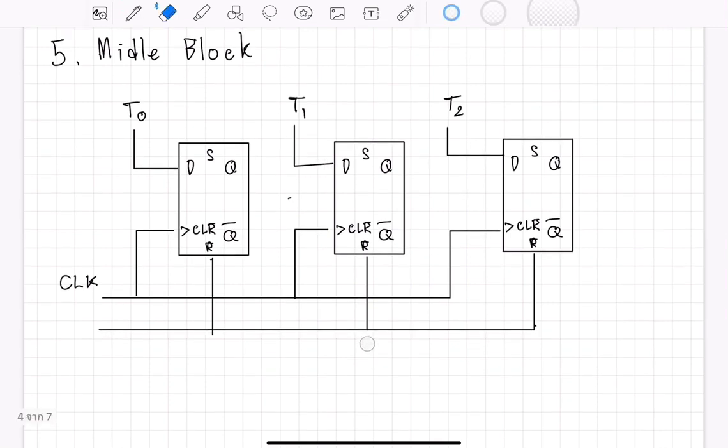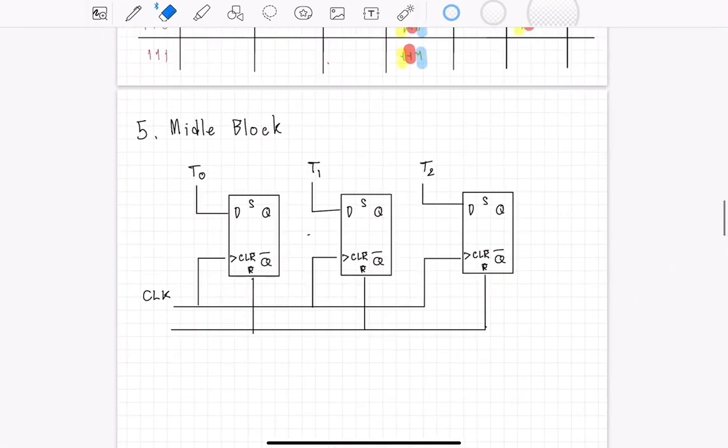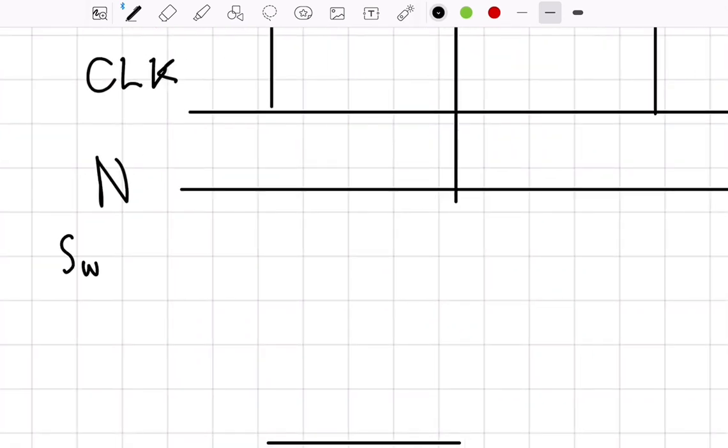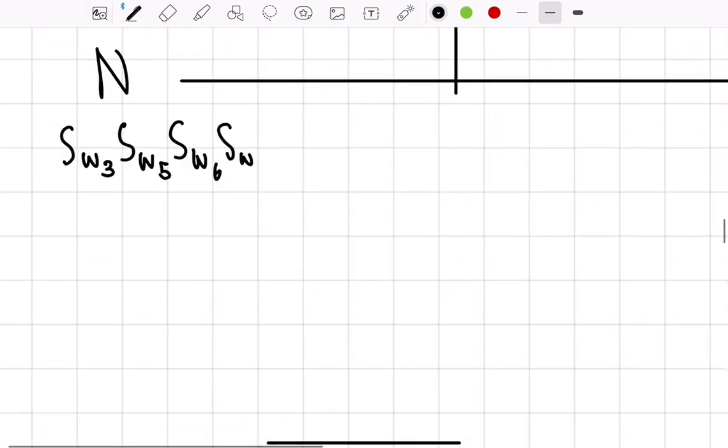Okay, that's like this is the memory box for me. It is N. N is state 2, state 3, state 5, state 6, state 7, state 8, state 9.